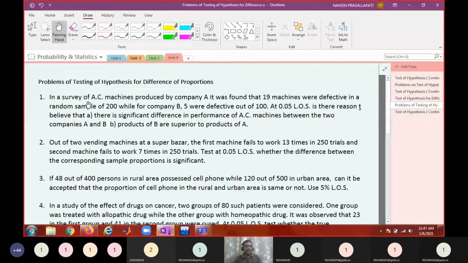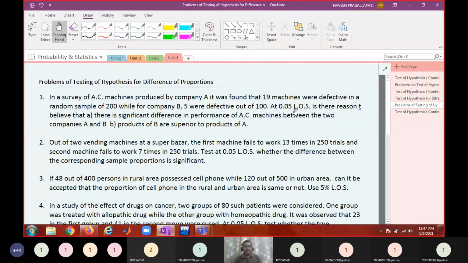In a survey of AC machines produced by company A, it was found that 19 machines were defective in a random sample of 200, while for company B, 5 were defective out of 100.